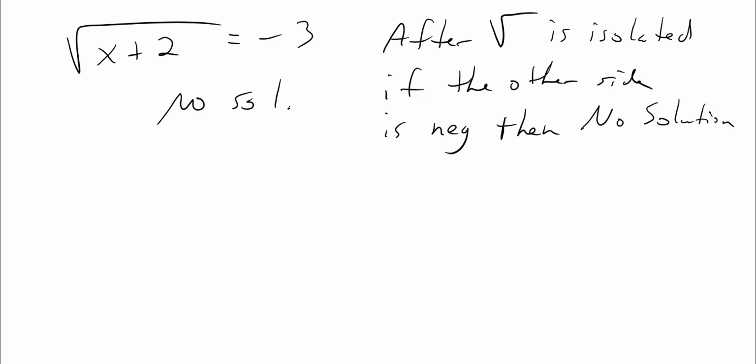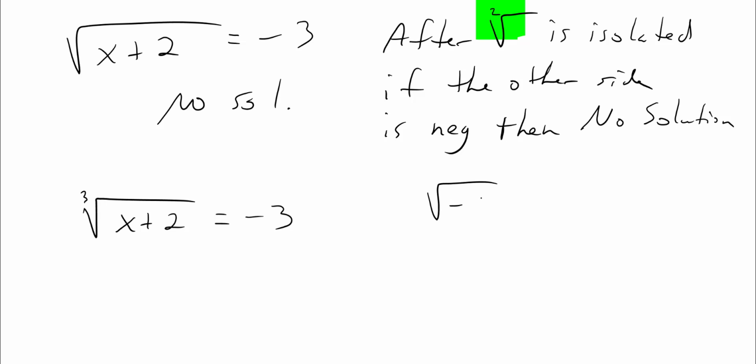Now, this is different. Notice I said square root. So I'm going to put a 2 here. That's actually really important. I'm going to highlight that with this green highlighter here. Okay? That 2 is important. Because if I had a problem like this, the cube root of x plus 2 equals -3. That's different. Now, why is that different? Well, because I can take the cube root of a number, like the cube root of -8.